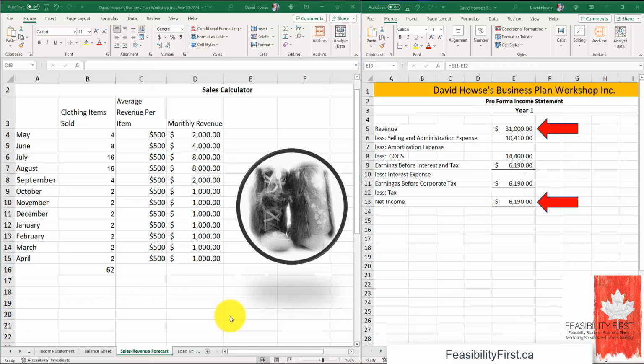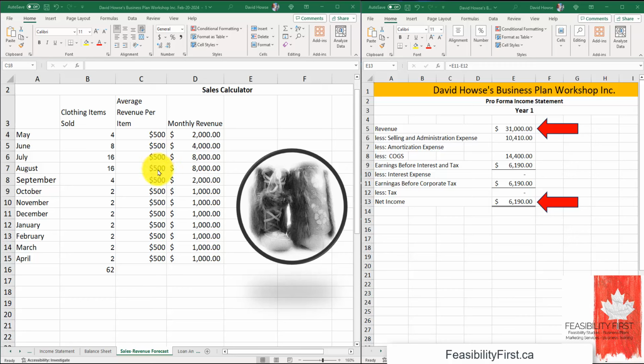So over here on the income statement, we're starting off assuming an income of $6,190. We're going to assume you're selling mucklucks. Now this could be anything else, we're just using mucklucks as an example. The price you sell each muckluck for is $500.